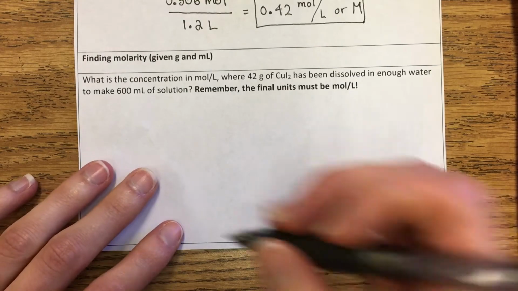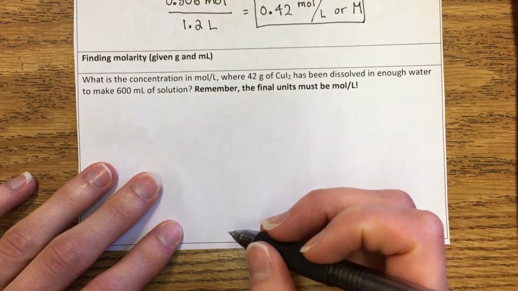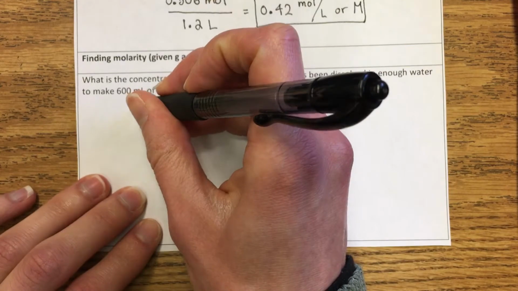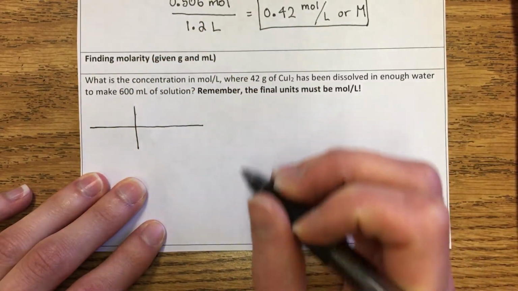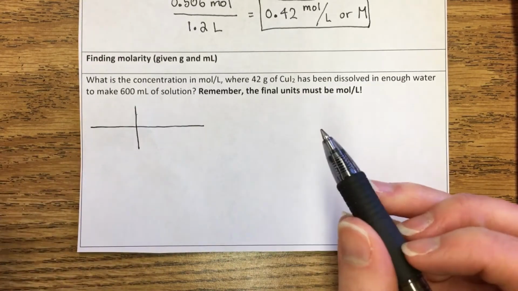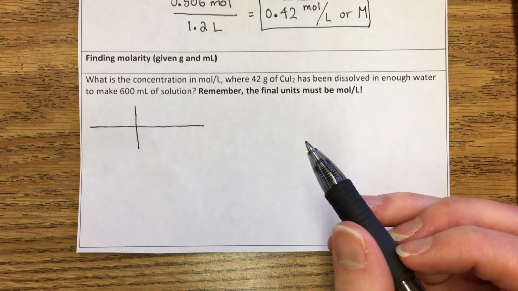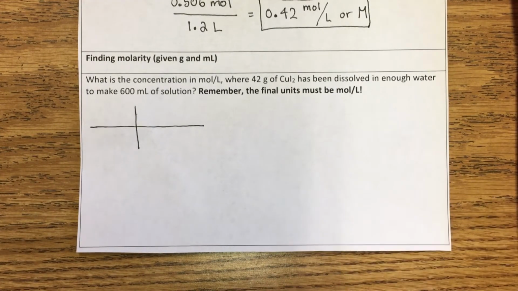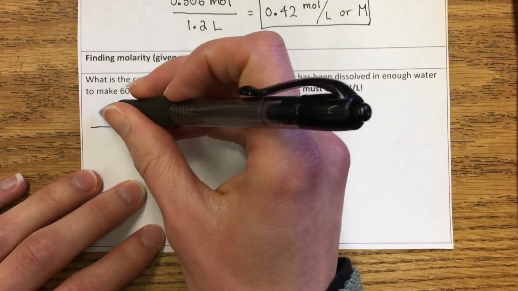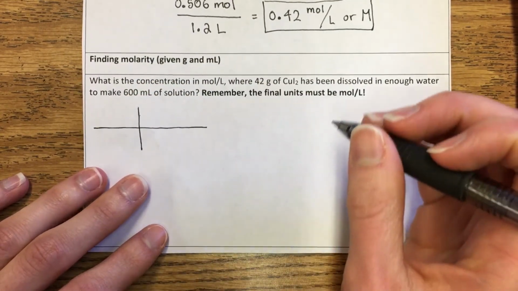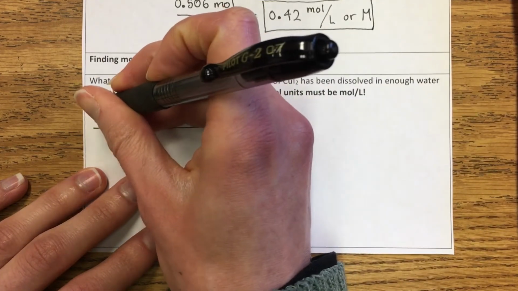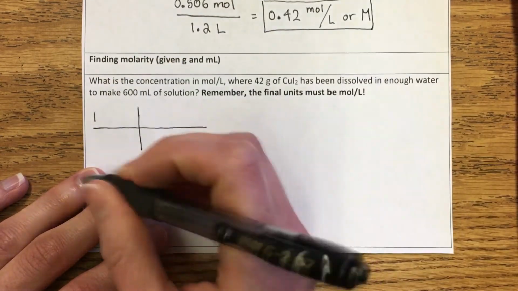The easiest way, I think, to set up these problems is to set up a conversion factor table, kind of like this. And you know how sometimes we would have problems a long time ago where we were converting, like, say, miles per hour to kilometers per second or something like that, where we were converting both the top and the bottom? We can do something like that for molarity. So we're going to need to have moles on the top for molarity, right?